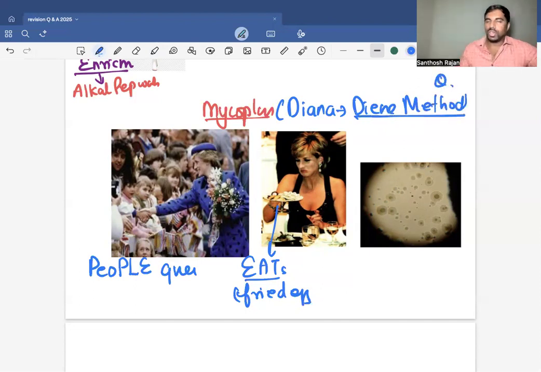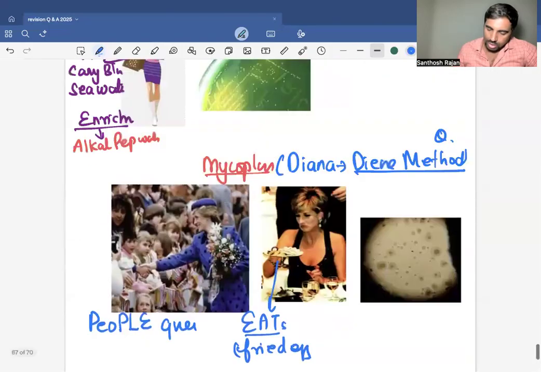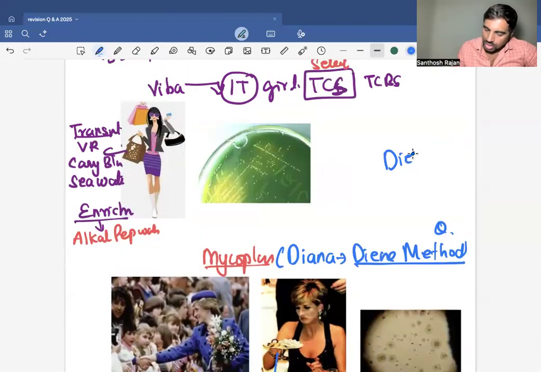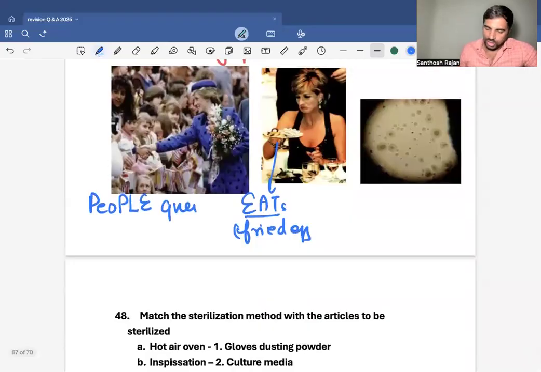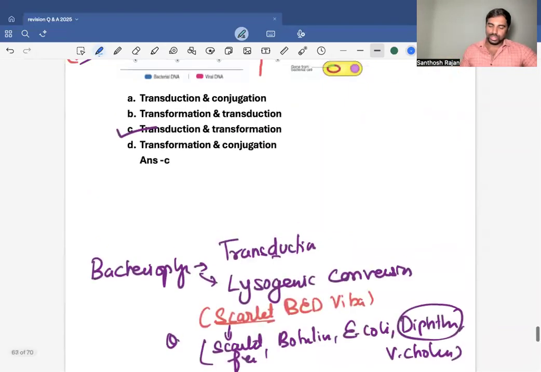Whereas Dienes' phenomenon is for Proteus. Dienes' method, Mycoplasma, that's all, fried egg. And she has a lot of cholesterol in her body, and Diana has gliding motility. Fine, now go to the question.